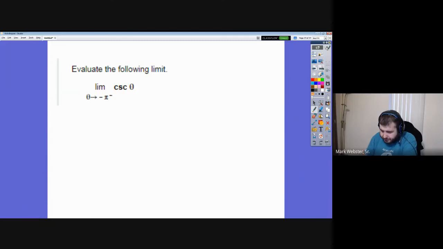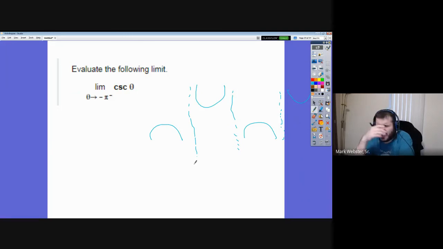Cosecant. Okay. So it does help if you know what cosecant looks like. It's sort of like this, and there's asymptotes in between. I always have trouble remembering where 0 is on this. I know this is the shape, but I don't remember how it goes from here. Same thing with tangent and cotangent.